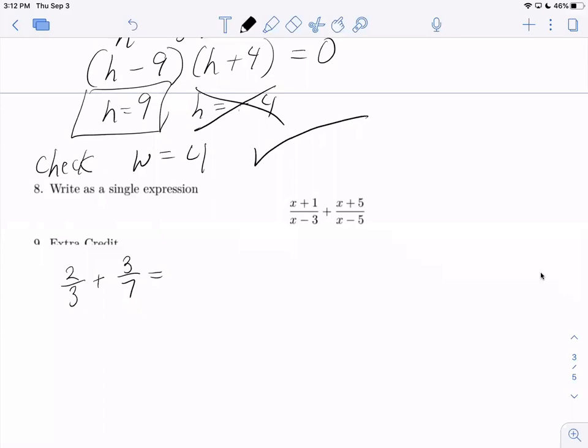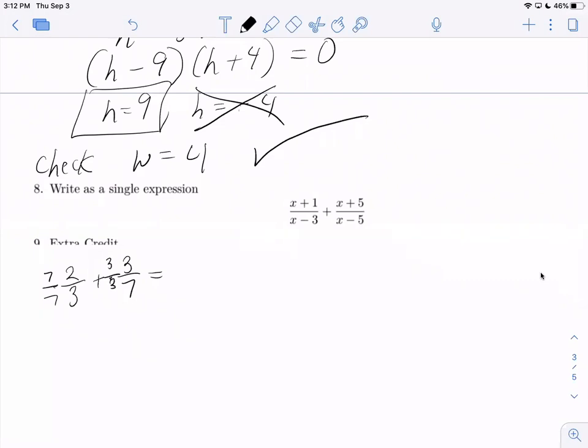We can't add up like 1 over x minus 3 and something over x minus 5. We have to make them both look the same. Sometimes you find the least common multiple, or you could just multiply them by each other to make the denominators the same.